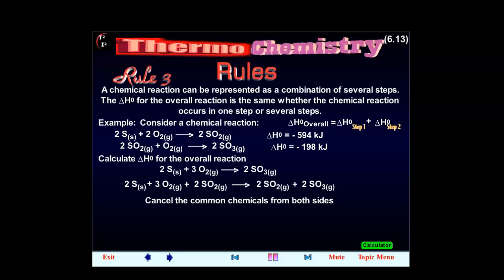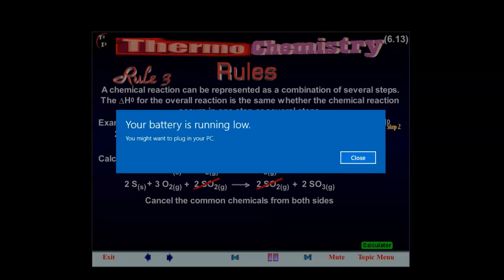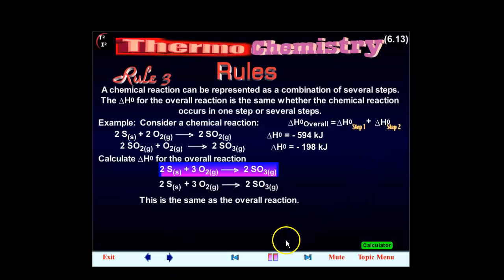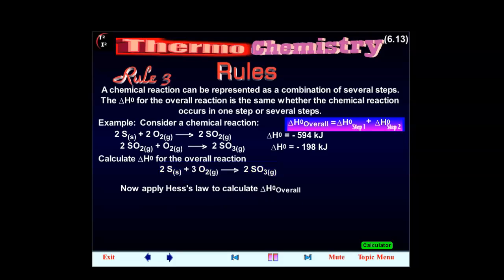Cancel the common chemicals from both sides. This is the same as the overall reaction. Now apply delta H overall equals negative 792 kilojoules.